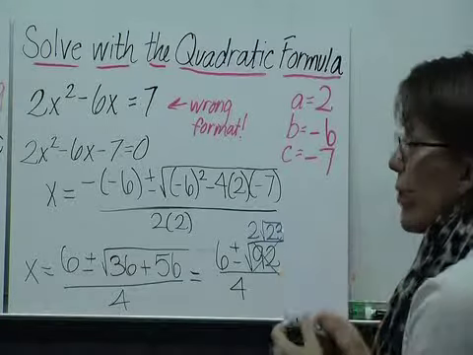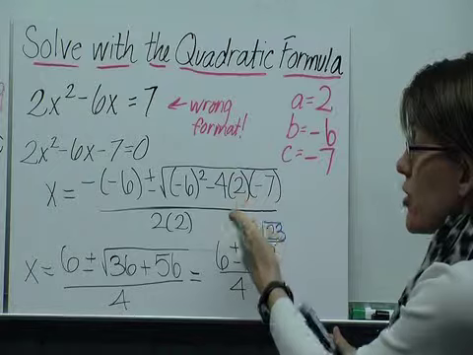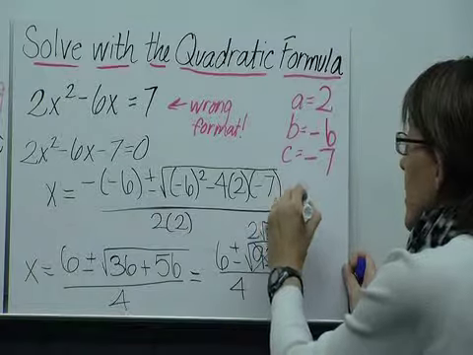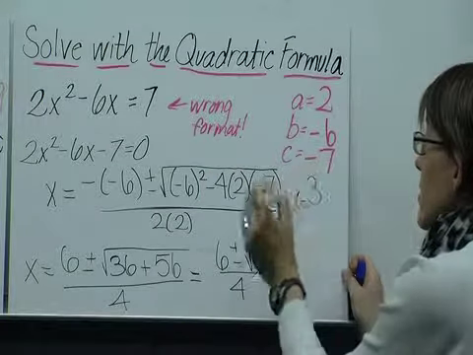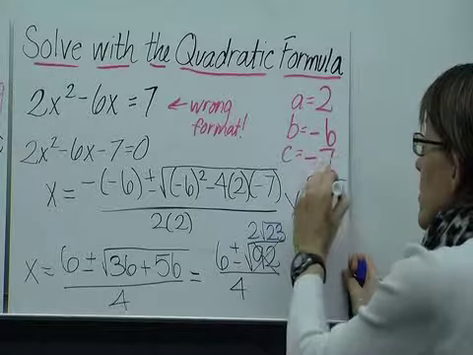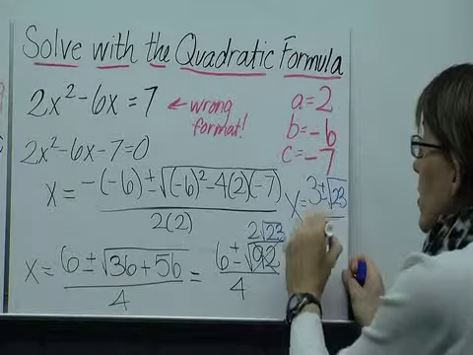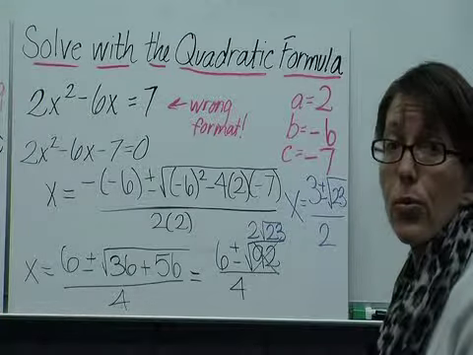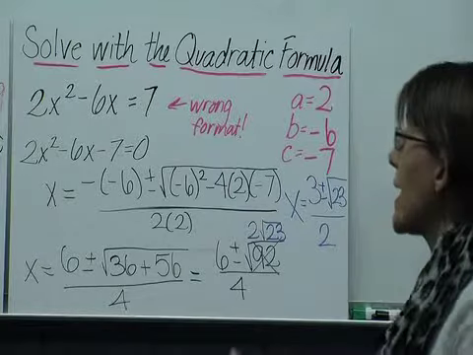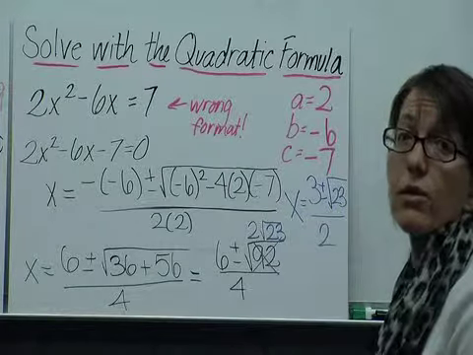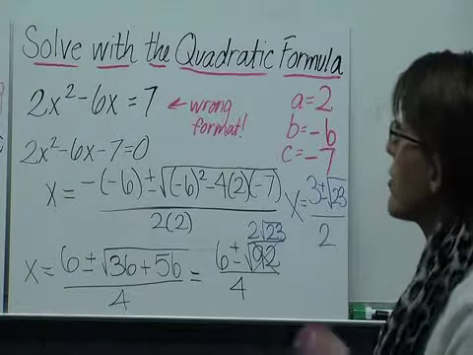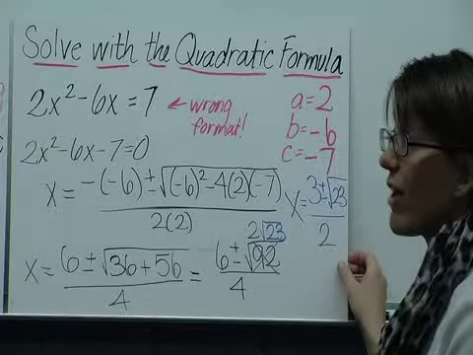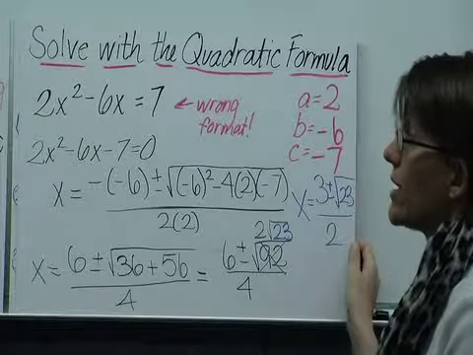And I'll reduce my expression dividing 6, 2, and 4 all by 2 to get my final answer, x equals 3 plus or minus the square root of 23 all over 2. This is two answers, 3 plus the square root of 23 and 3 minus the square root of 23 divided by 2. So two different answers there, and you can evaluate those with a calculator to get a decimal value if that's going to be more useful in your application.